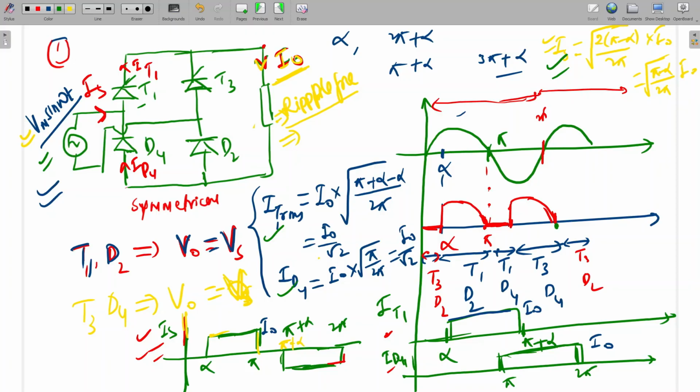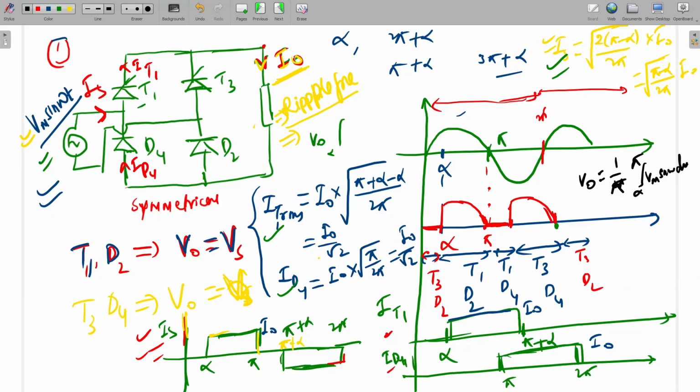Yes, sir, clear. These things are required, and the average voltage we can derive. VO average will be 1 upon 2 pi; or 1 upon pi, since the period is pi, from alpha to pi of Vm sin omega t d omega t.